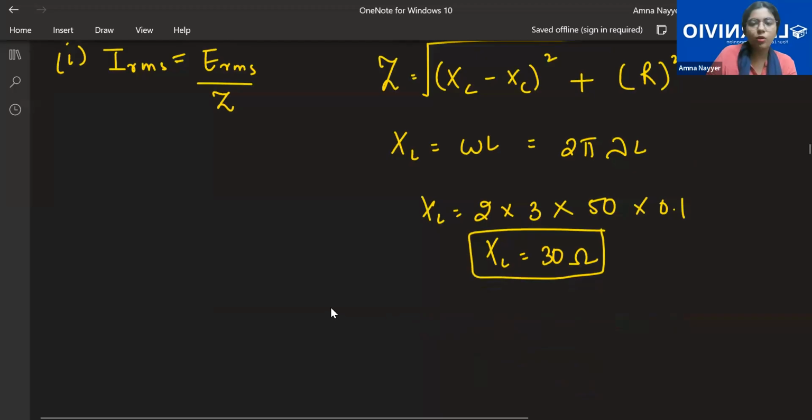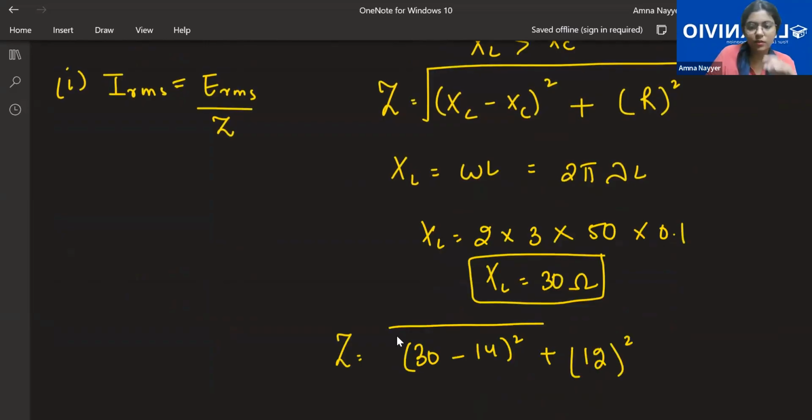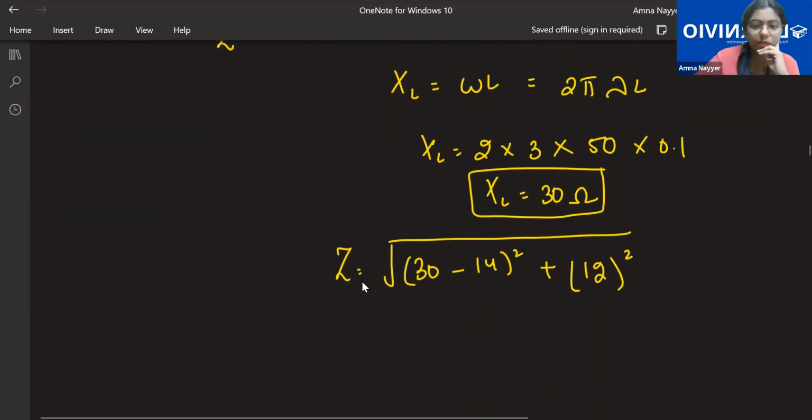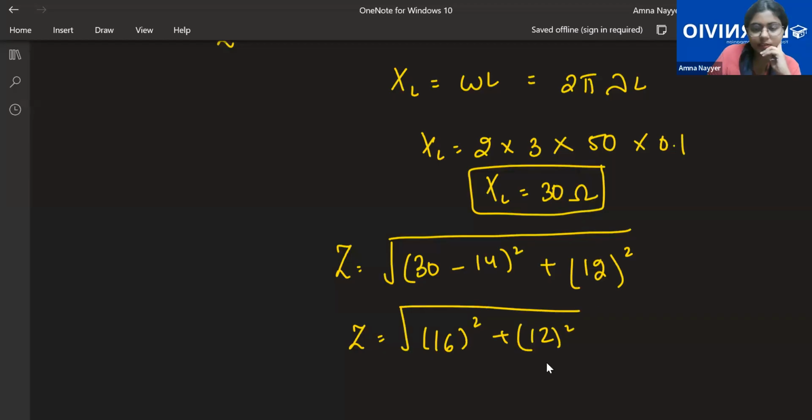So the value of Z will come out to be under root 30 minus 14 whole square plus, what's the resistance given? 12. 12 whole square. First, let us find this. This is 16, and this is 12 square.